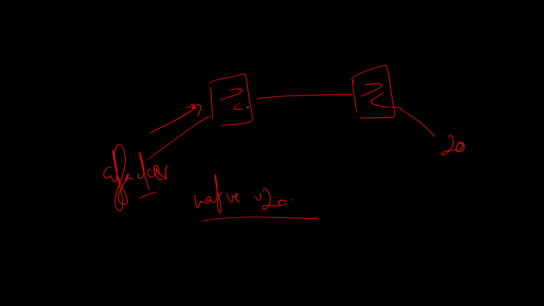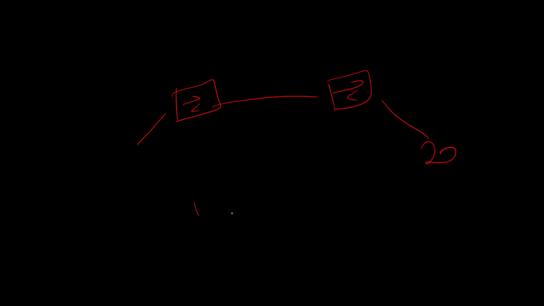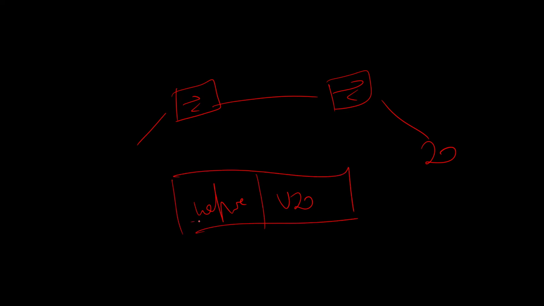When this frame is processed at the first switch, the switch processes the native tag. Then the frame is processed at switch number 2.